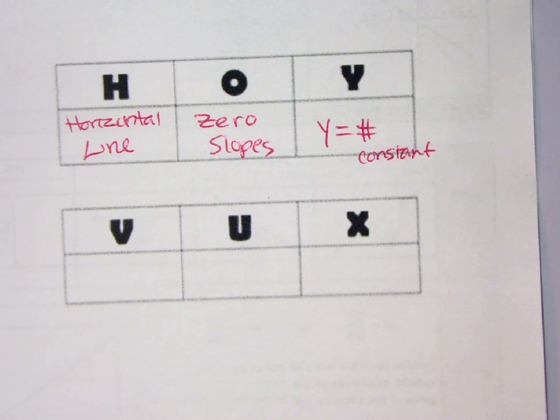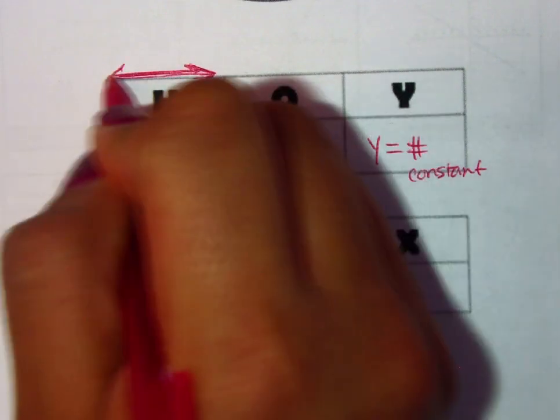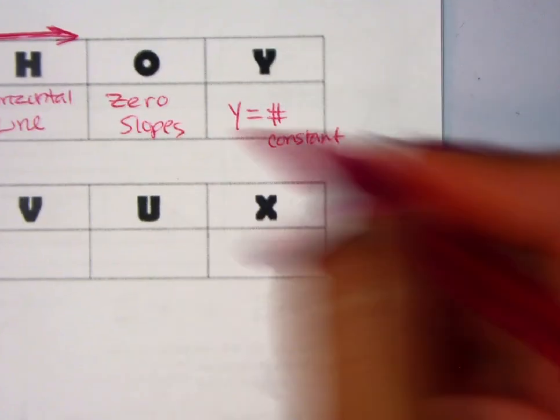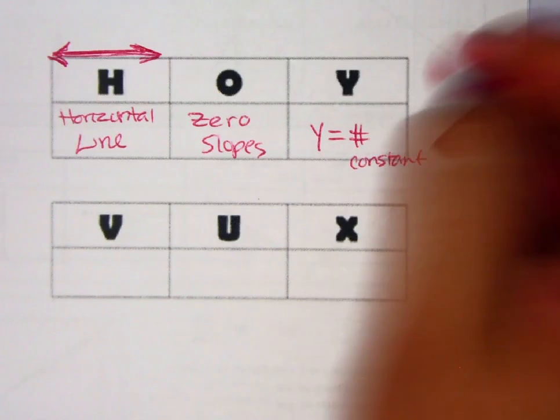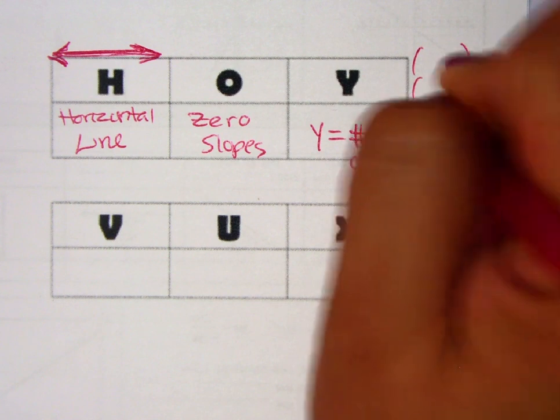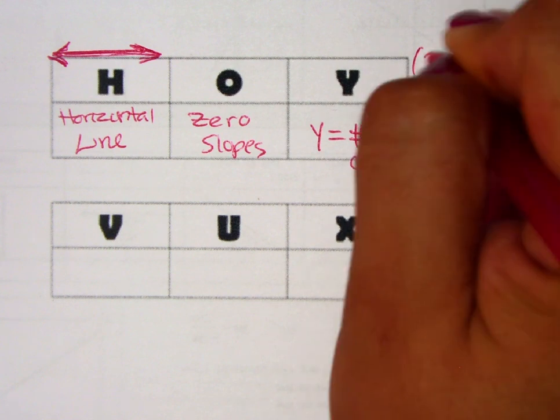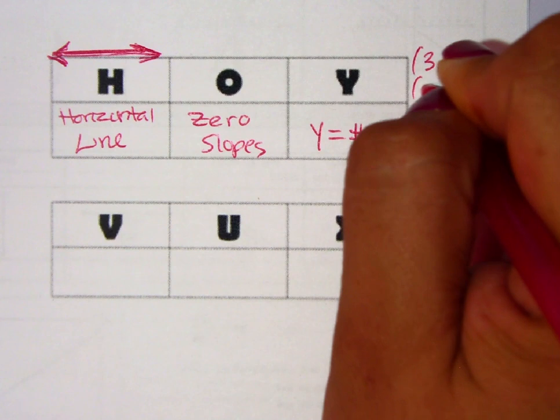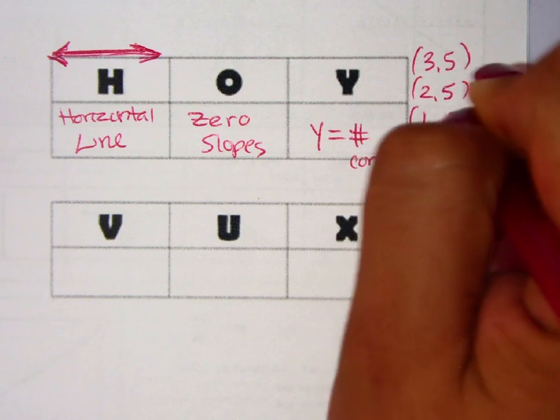So to visualize that, first of all, horizontal is going left and right. And what this means is that you have a set of points that all the y values are the same. Let's say I have (3, 5), (2, 5), (1, 5).